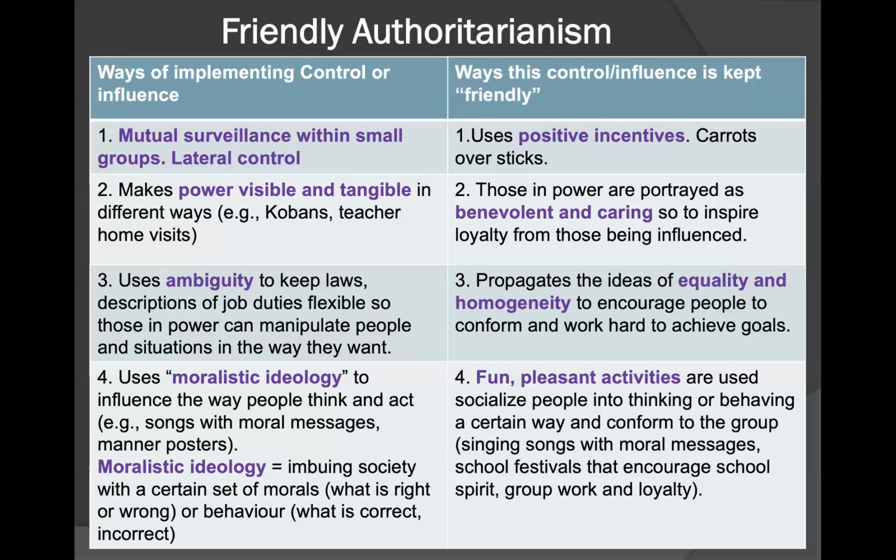They also propagate the ideas of equality and homogeneity to encourage people to conform and work hard to achieve goals. And lastly, fun or pleasant activities are used to socialize people into thinking or behaving a certain way and to conform to the group. So this would include things like singing songs with moral messages, and school festivals that encourage school spirit, group work, and loyalty.